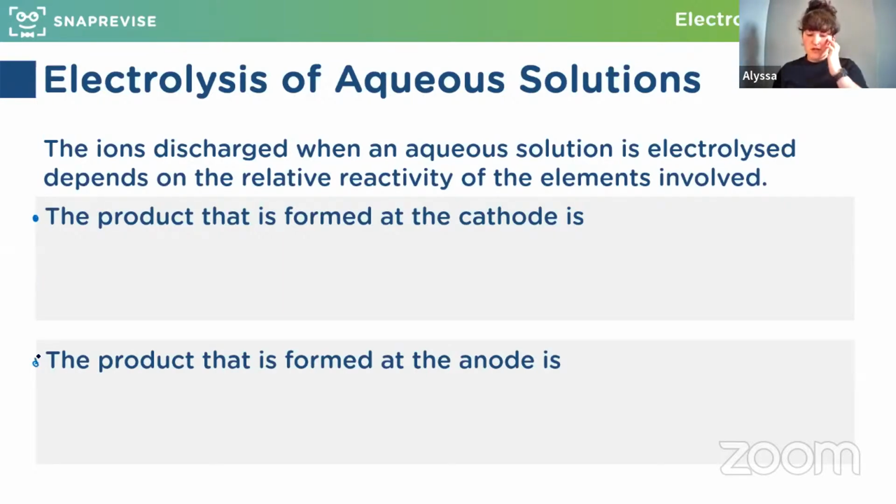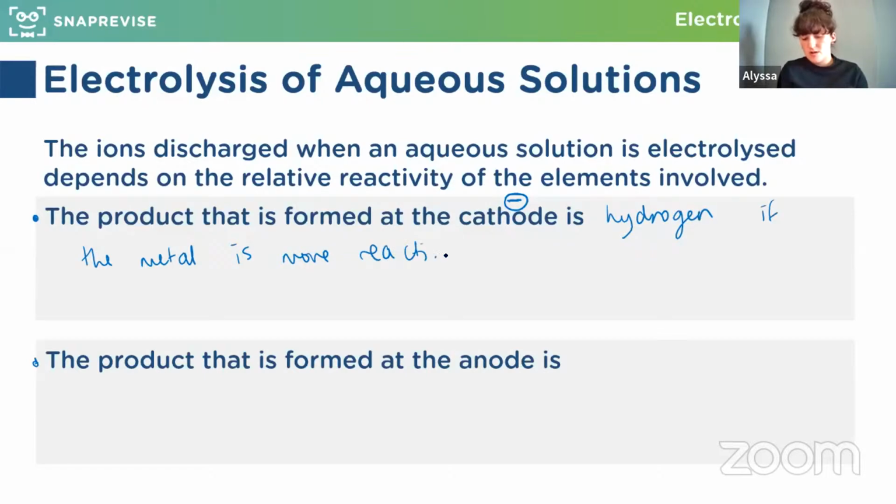The product that's formed at the cathode, at the negative electrode, if we look at our previous slide, it's either going to be our hydrogen, which is positive, or our sodium, which is positive. Now, we have to look and compare those 2 elements. The product that's formed at the cathode will be hydrogen if the metal is more reactive than hydrogen.